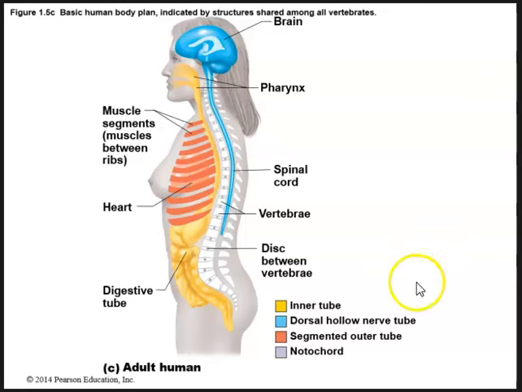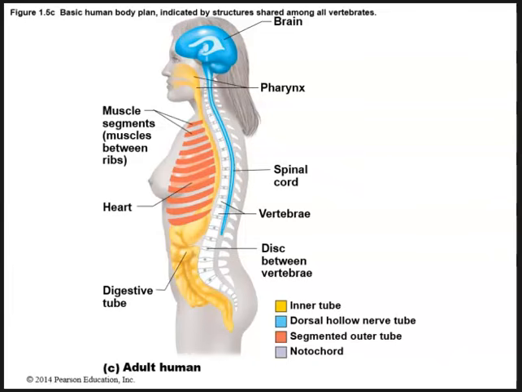So from that dorsal hollow nerve tube, we have our central nervous system, which includes our brain and spinal cord, our inner tube making up the different parts of the digestive system, segmented outer tubes. Here we can see muscle segments or muscles between ribs, and we don't really see the notochord.